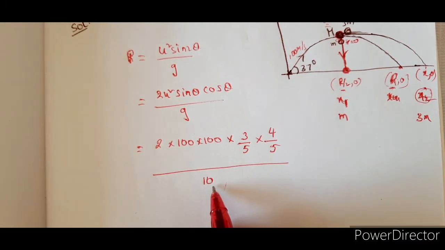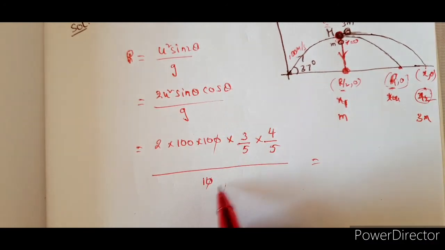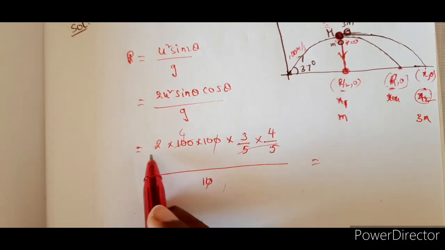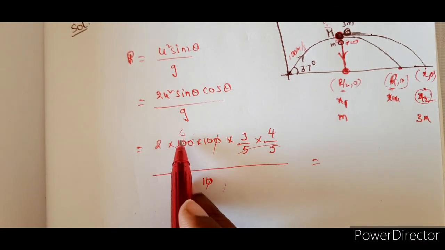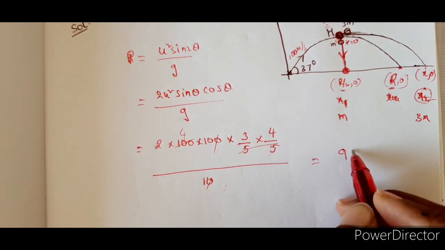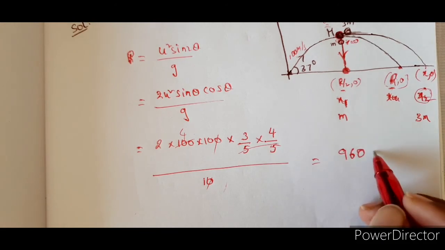If you cancel everything by 25, this 25 goes 4 times here, so 2 4s are 8, all together we get 960 meters.